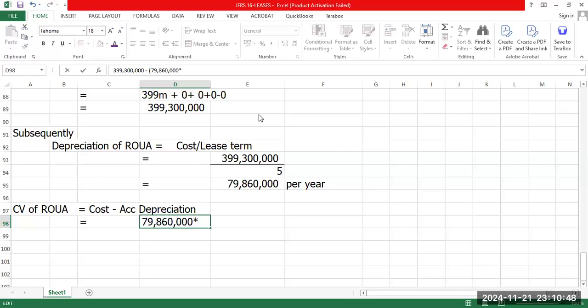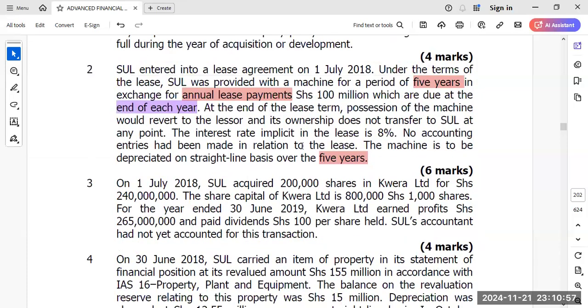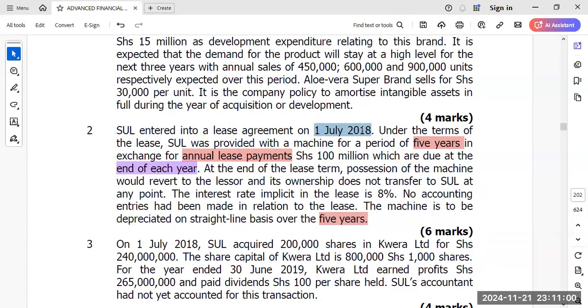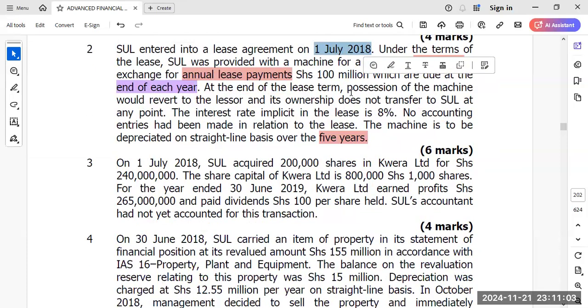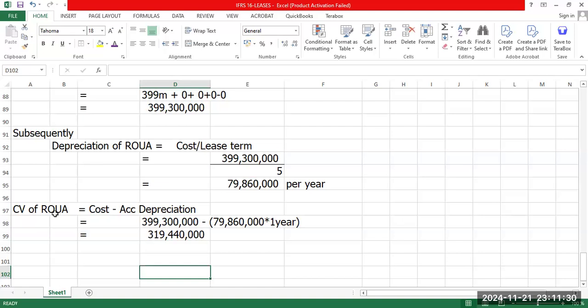You have used this asset for how many years, from the time you entered into an agreement up to the reporting period? From 1st July 2018 to 30th June 2019, that is only 1 year, isn't it? Times 1 year. So I get this minus depreciation. That is my carrying value.